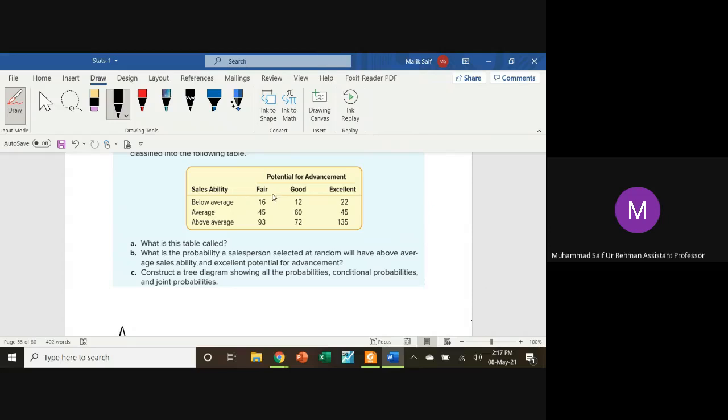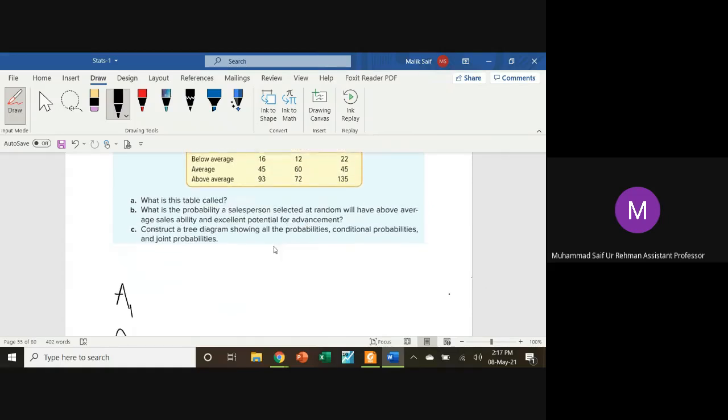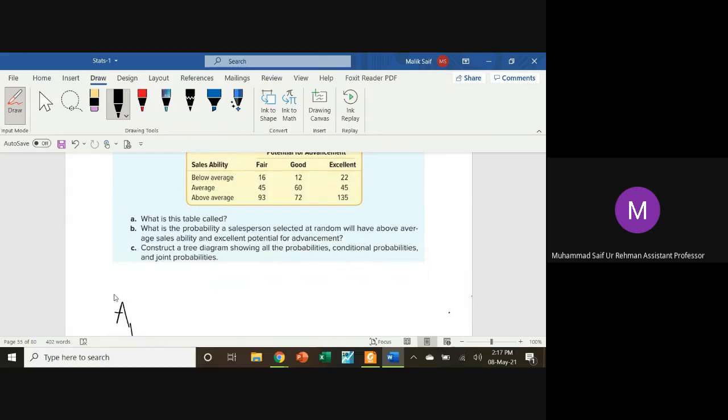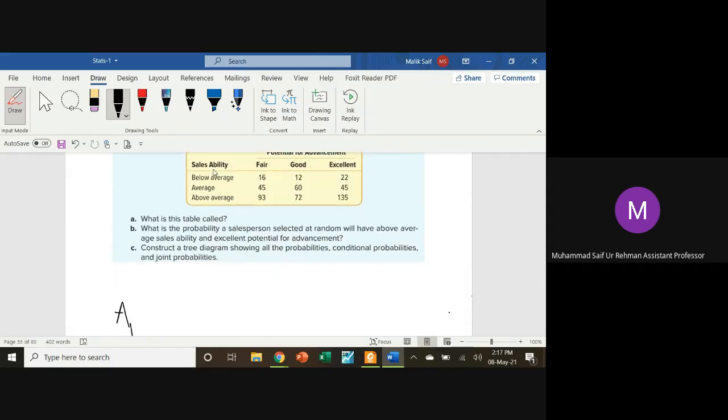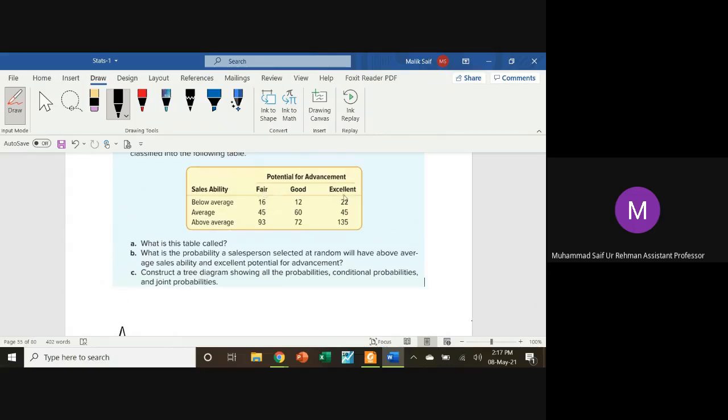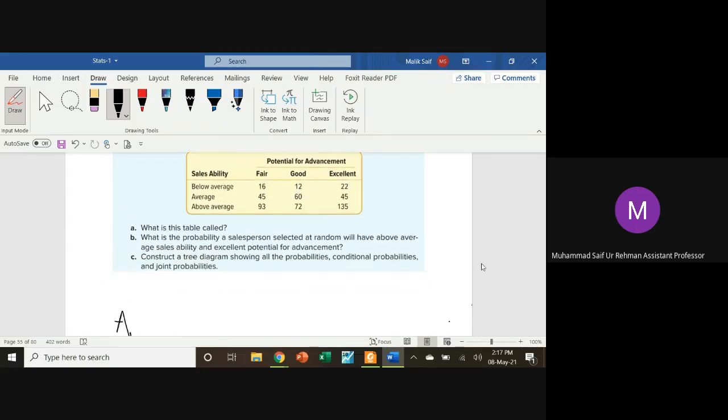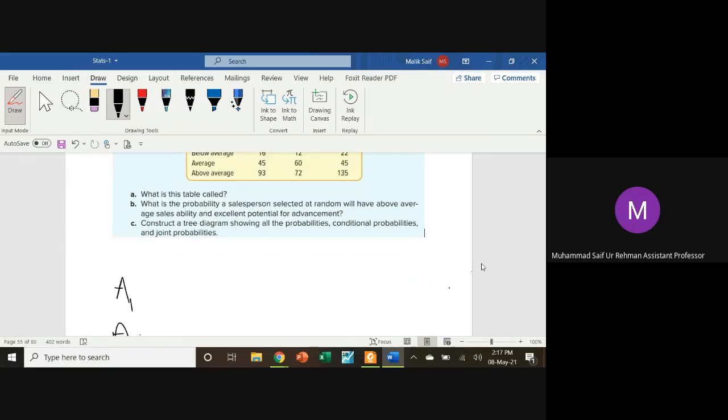Now come to this row, fair, good, and excellent. Potential for advancement. So potential for advancement, you will write down over here, sales ability, and then you write down over here potential for advancement. So I am not going to write down these two words. I am simply covering these events, fair, good, and excellent. So for fair, you may write down B1. For good, you may write down B2 or any alphabet that you like.